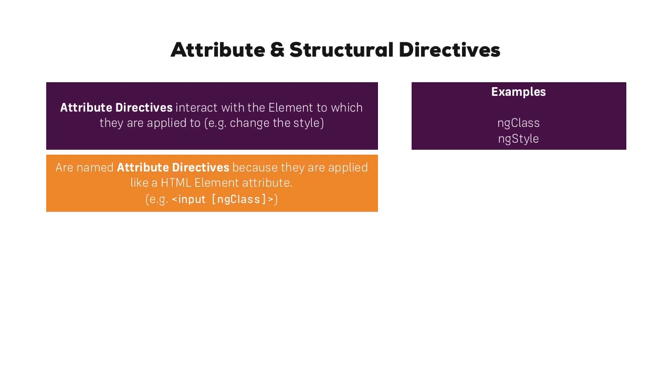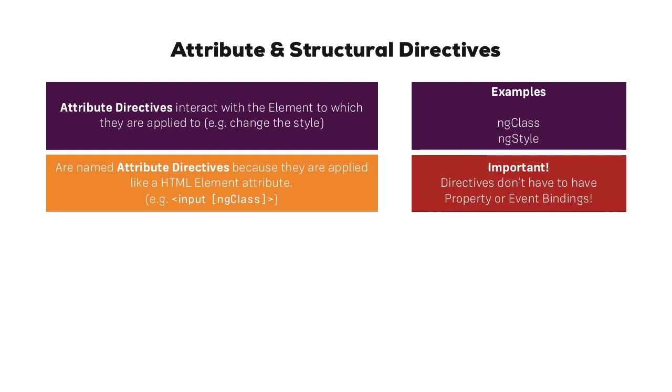But Angular 2 also offers directives which don't need input, which don't have property binding. So the directive is really only the thing between the brackets. The brackets are only there for property binding. Don't mix those two things up. An attribute directive doesn't have to have squared brackets because they don't have to have property or event binding.